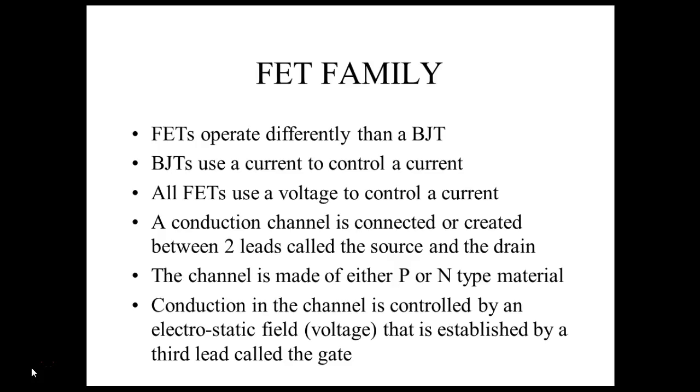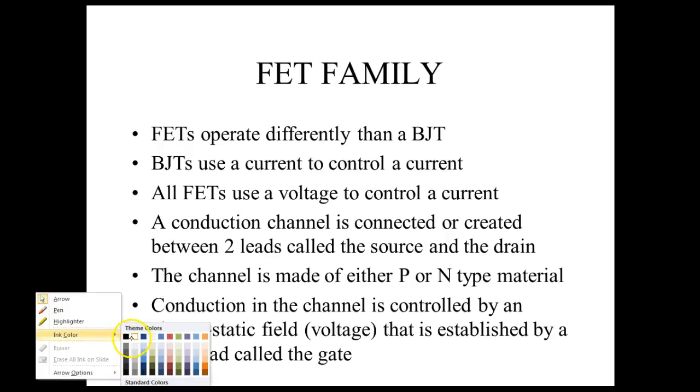So we need to understand that FETs, field effect transistors, operate completely different than bipolar junction transistors, or BJTs. What we found out in our study on the BJTs is these guys use a base current to control a collector current, which is also basically equal to an emitter current.